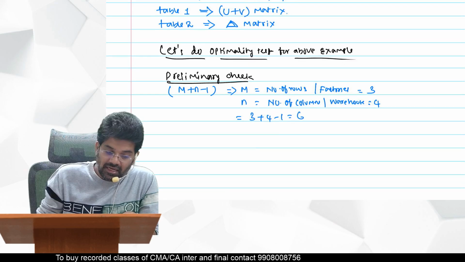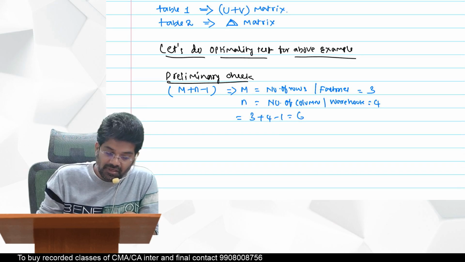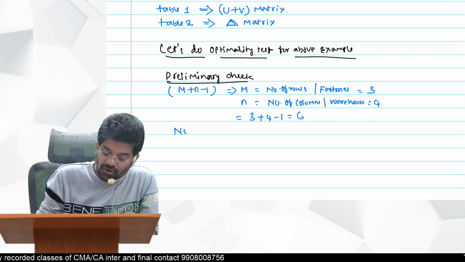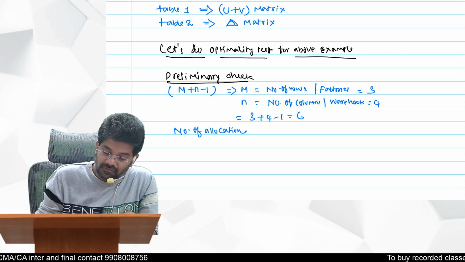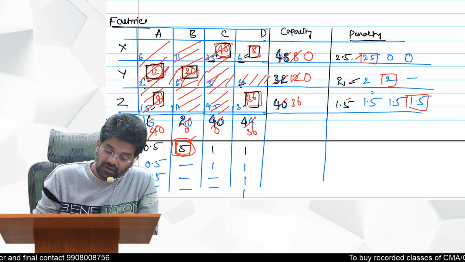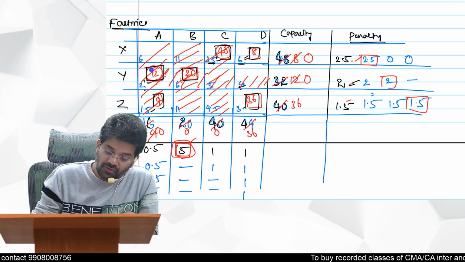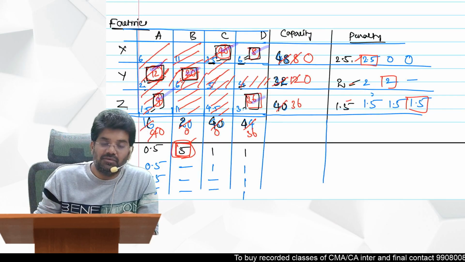And the number of allocations: how many did we get? 1, 2, 3, 4, 5, 6 allocations we got.